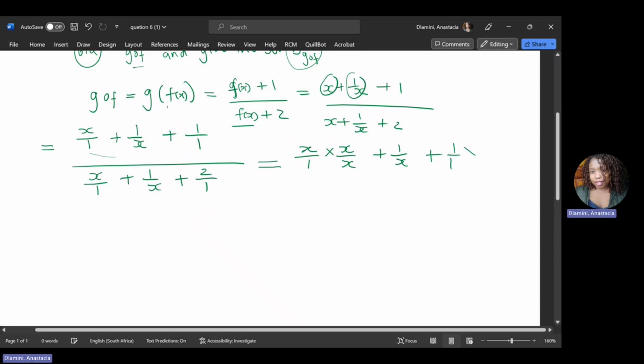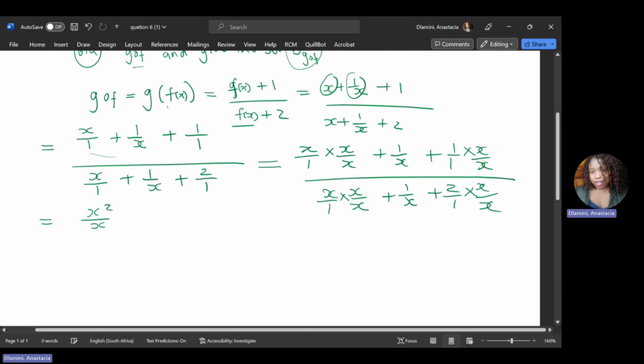Over, X over 1 times X over X plus 1 over X plus 2 over 1 times X over X. So now this equals X squared over X plus 1 over X plus X over X squared over X plus 1 over X plus 2X over X.